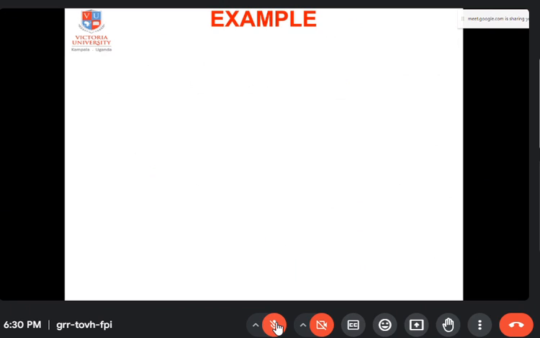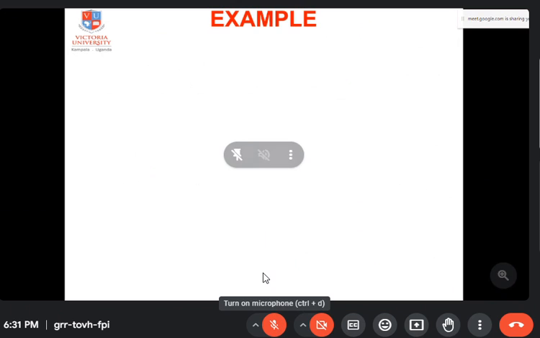So 1, 1 is 1 point, 1 possibility, meaning that the first die is a 1, the second die is a 1. Another point can be that when you toss, die number 1 shows a 1 on top, but die number 2 shows a 2. So that is another possibility.